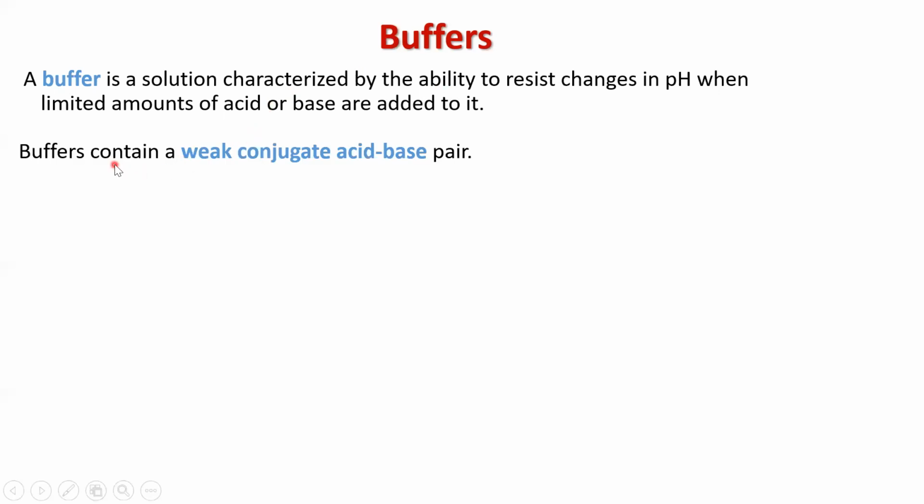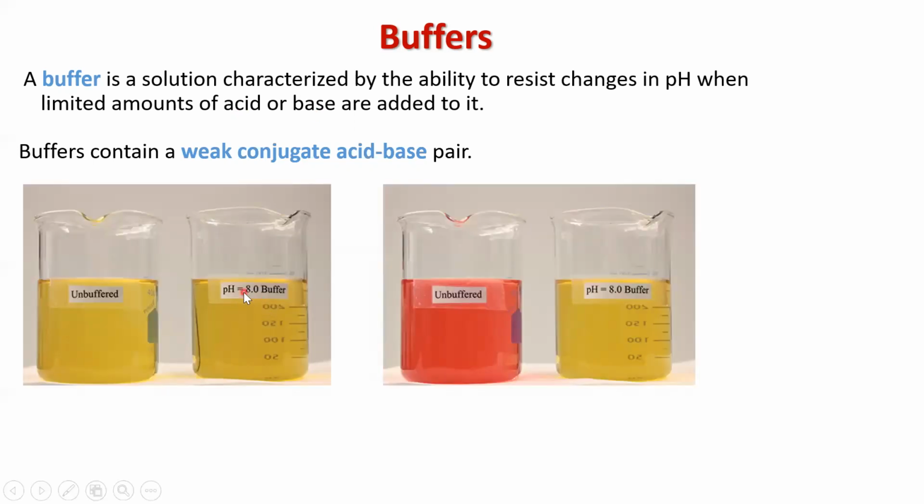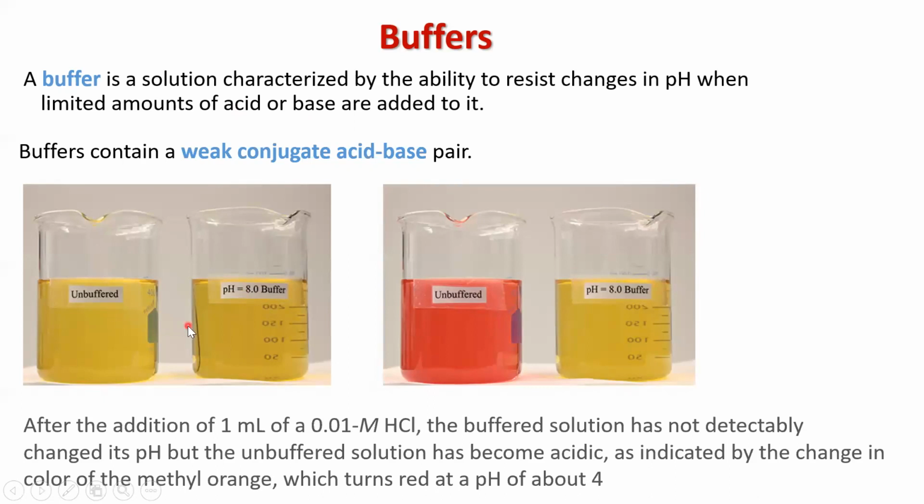A buffer solution contains a weak conjugate acid-base pair. Therefore, there's something for the acid to react with, and something for the base to react with, in the buffer solution to neutralize the acid or base that's added. If we look at this picture, we have a buffer solution with a pH of 8.